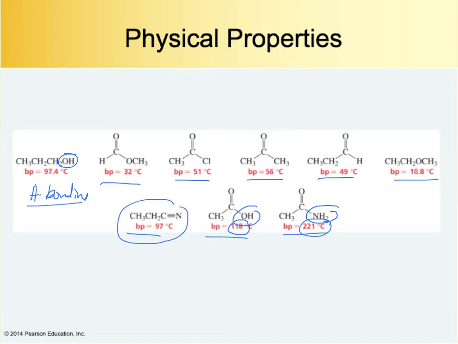Nitrile appears to have a really high boiling point too, so there must be some strong intermolecular force, obviously not hydrogen bonding in the nitrile's case. Ketones, aldehydes, and ethers are really low, so they must have very weak intermolecular forces. Alcohols are high because of H bonding.